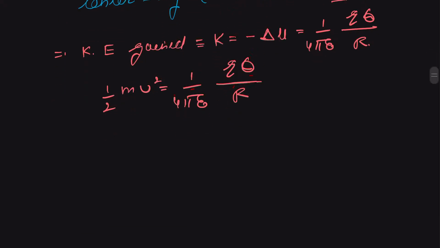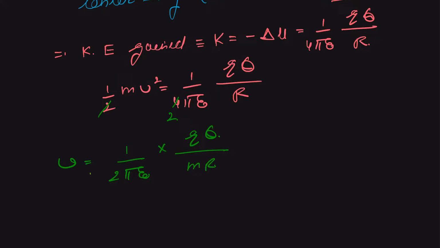And we get that this goes by 2 and rest will be same. So we get this V is equal to the square root of 1 upon 2 pi epsilon naught multiplied by Q, capital Q upon MR. And we know that our capital Q is our 4 pi R square and charge density.